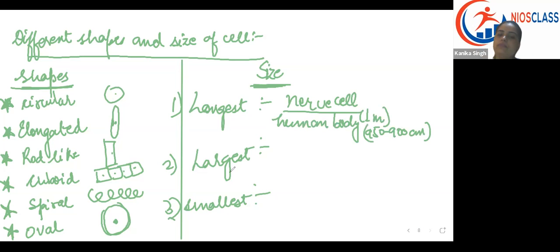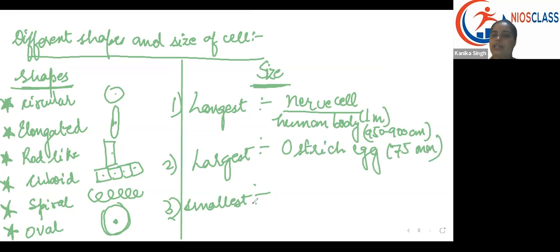When we are saying largest, I think you have heard it many times, the ostrich egg is the largest cell present on the earth. It is about 75 millimeter in length. And the smallest cell on the earth is mycoplasma.